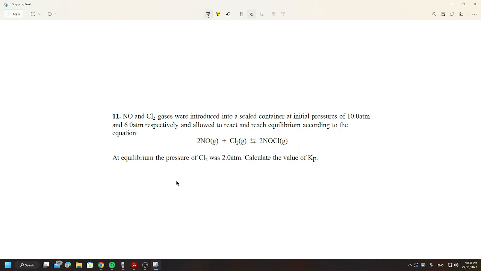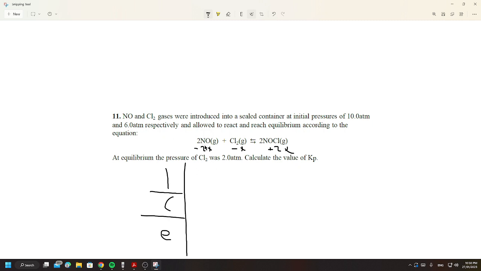Here we could do an ICE table right away. And I'm not going to make the same mistake this time, so don't worry, guys. Initially, they didn't give us a pressure of NOCl, so we assume the reactants are being consumed to form the product: minus 2x, minus x, and plus 2x. I didn't make the mistake this time.